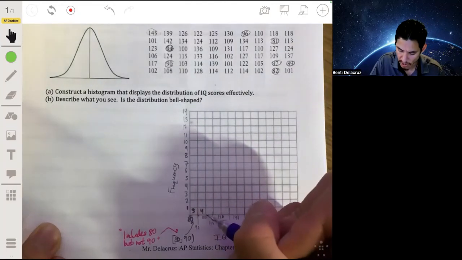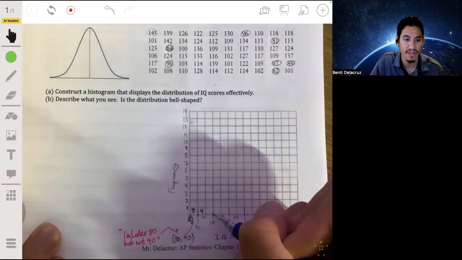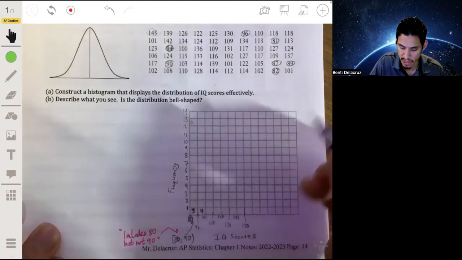Then we go, how many are from 100 but less than 110? So we include 100 but not 110.